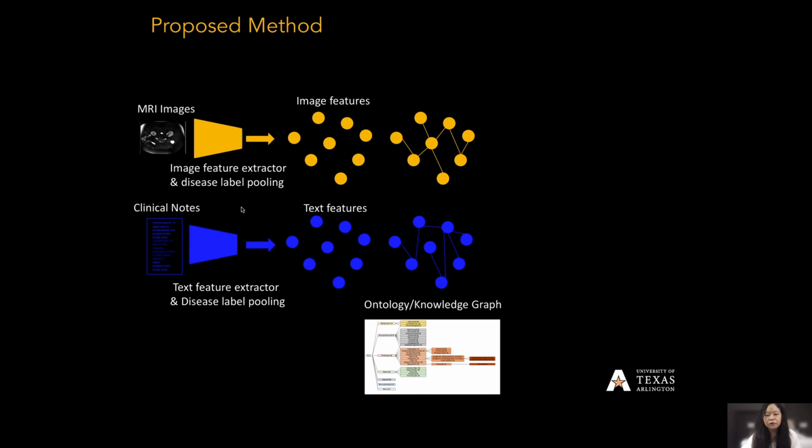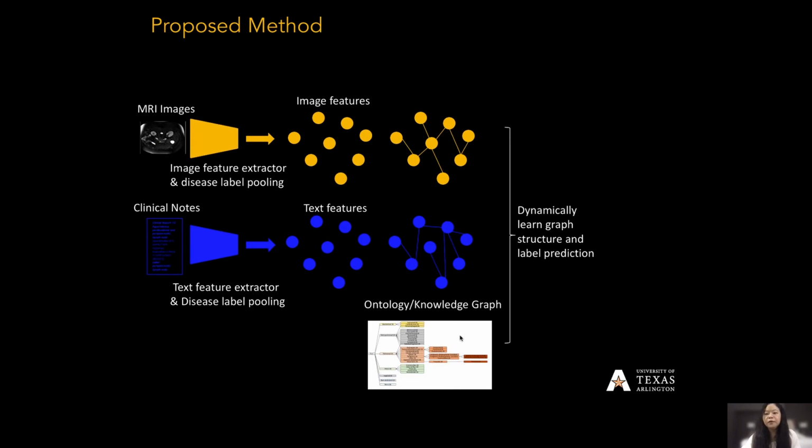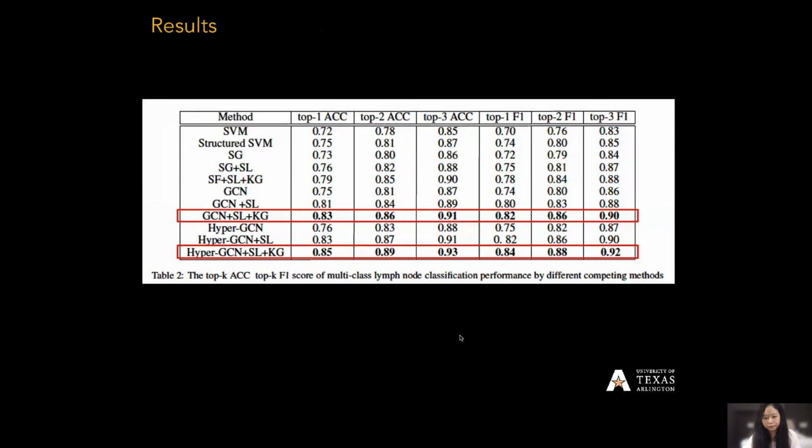Based on these image features, we construct different graphs to model their relationships. Besides that, we also extract the knowledge graph and ontology graph and combine all these graphs to dynamically learn an intrinsic graph structure, and use this graph to predict the final lymph node labels.